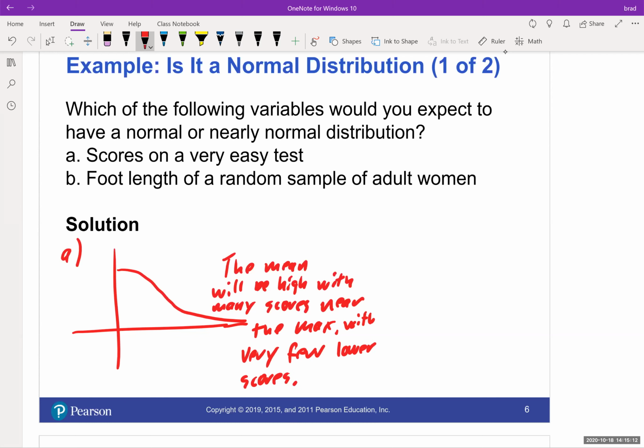So we would expect this to be, well, actually it might go like this, realistically, very low and then up to here. So then it would be something like that. So we would expect it to be left skewed, I believe.